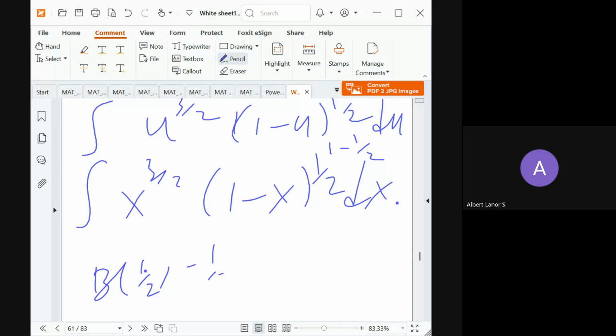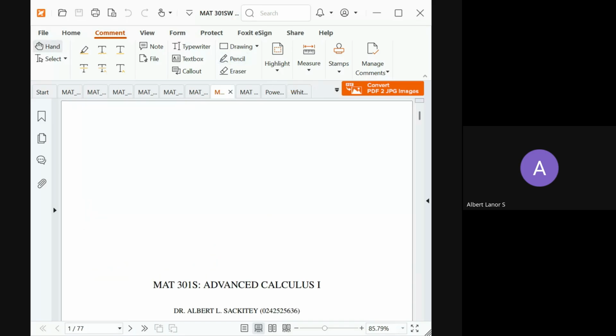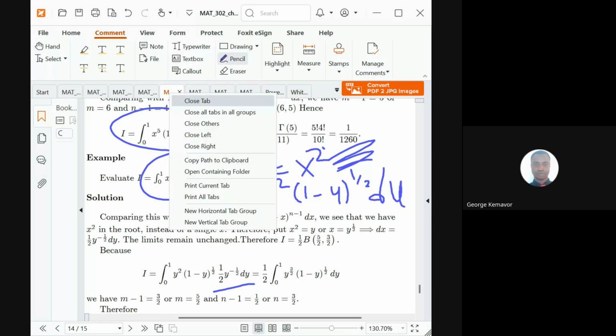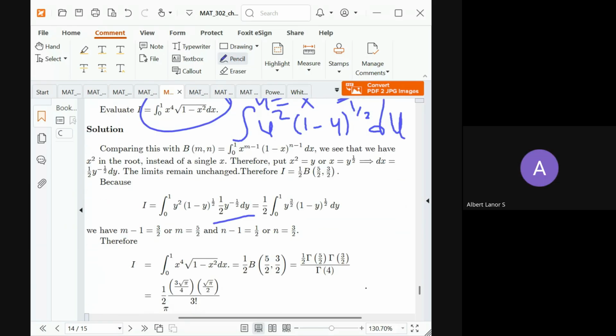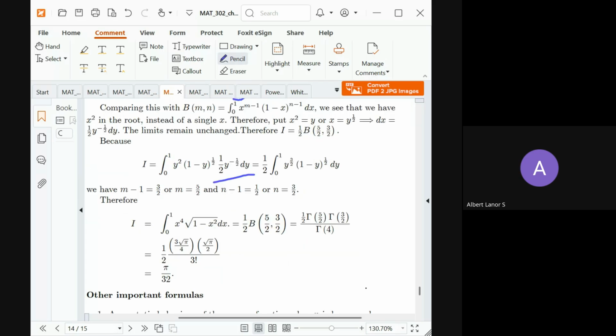All right, so clearly, I'm sure by now you should appreciate, by now you should see that this should be something like this. So you add 1 to it, and then you have half of the beta of 5/2. So 5/2 minus 1 is 3/2. But please, you have to do extra calculation.